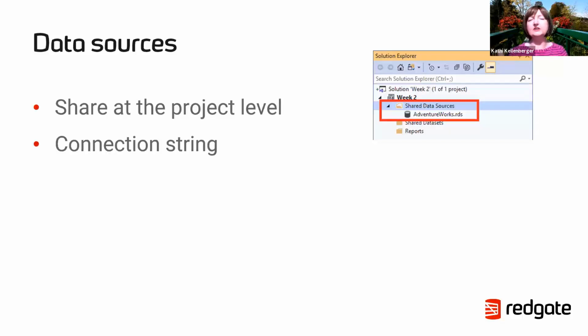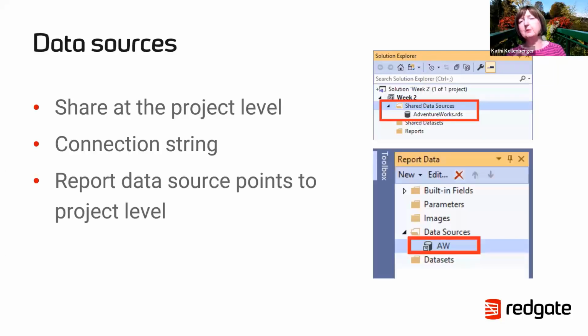Again, I mentioned it's basically the connection string, not much more to it than that. And you can create more than one in a report, and I'll demonstrate that. I'm going to have two of these data sources. They're going to point to the same SQL server, but to different databases. And I always like to name them with the database name.